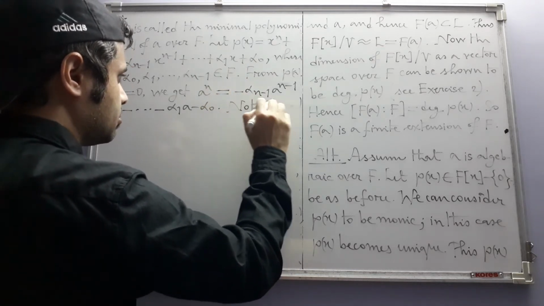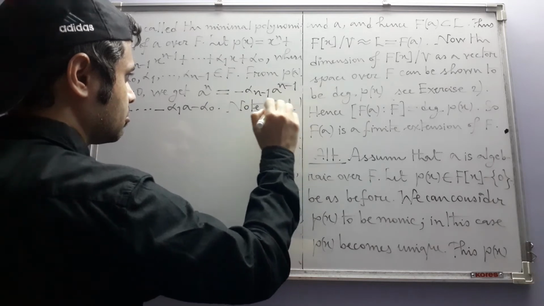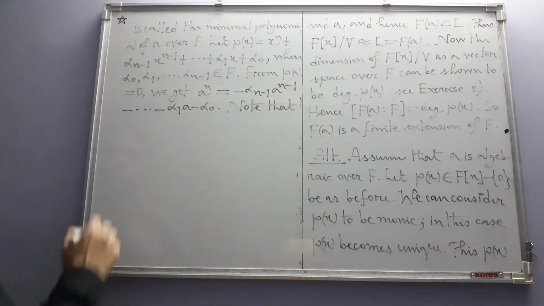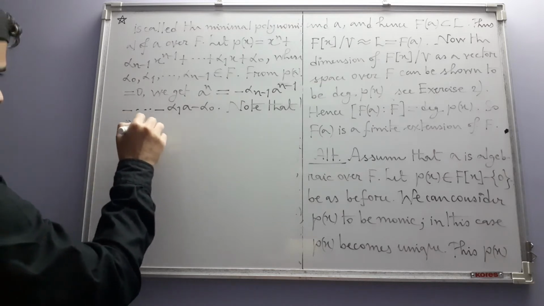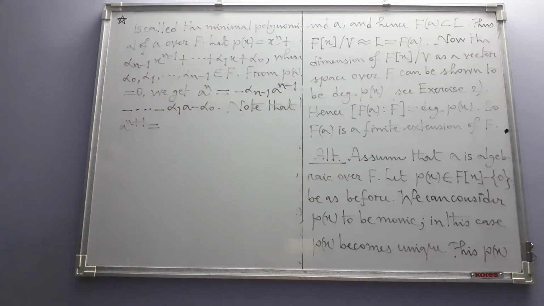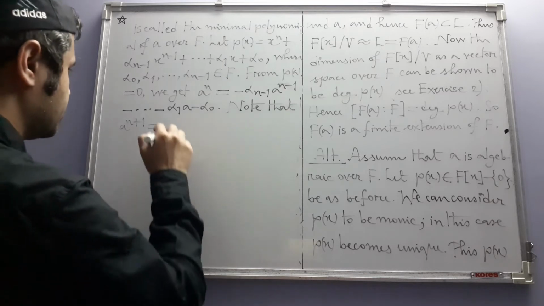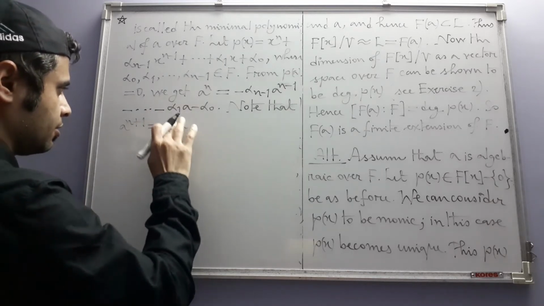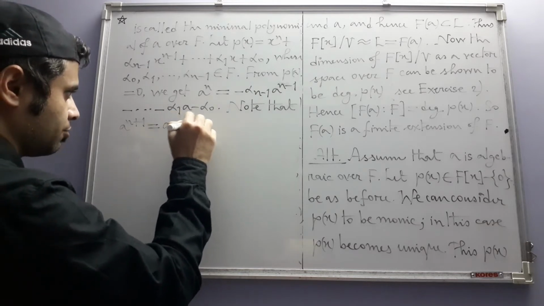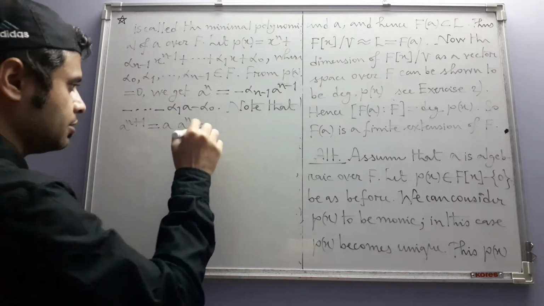Note that A to the power n plus 1. What can we say about A to the power n plus 1? Of course, it's A to the power n times A, or for convenience, A times A to the power n.